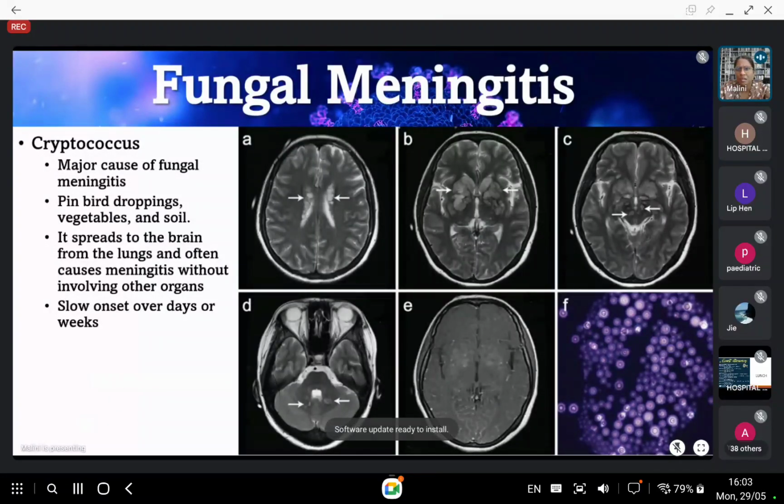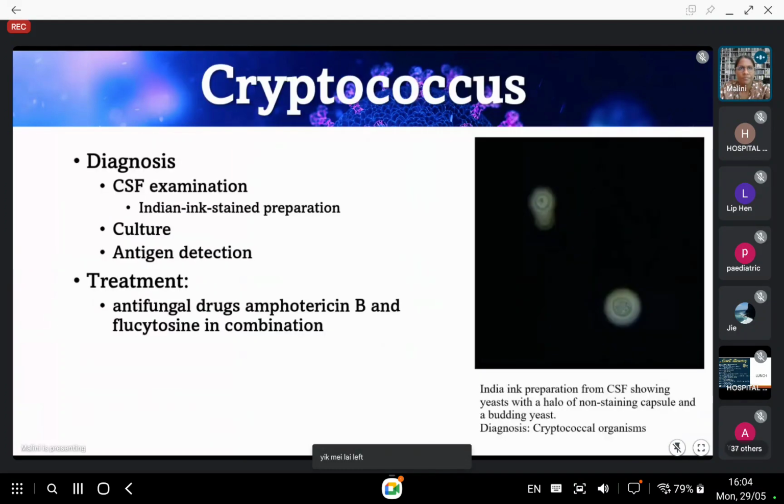This image shows pseudocysts of the brain due to the Cryptococcus, and there are many. And this is our India ink image showing the typical encapsulated Cryptococcus neoformans. This is very, very uncommon in immunocompetent individuals. Treatment is with antifungals.